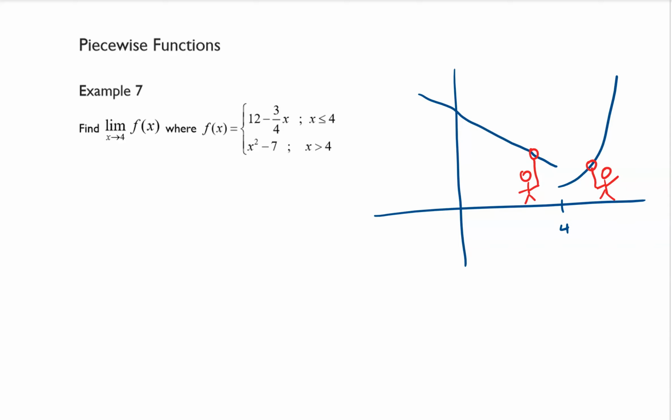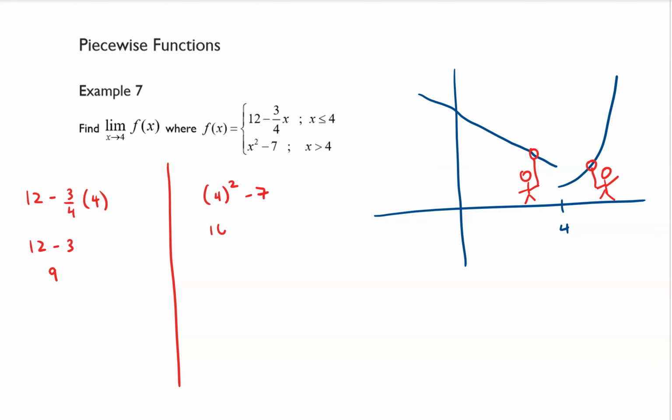The way that we could figure that out is we could plug 4 into this function, and plug 4 into that function and see if they give us the same value. So 12 minus 3/4, instead of x, I'm going to write 4. And then on the other side, I'll put 4 squared minus 7. So 12 minus 3/4 times 4 is 3, and that simplifies to 9.